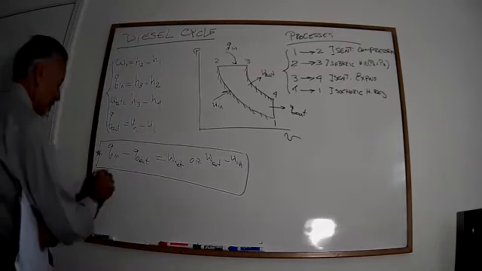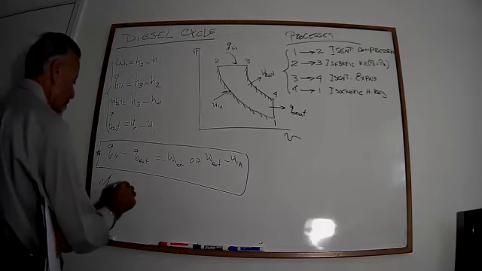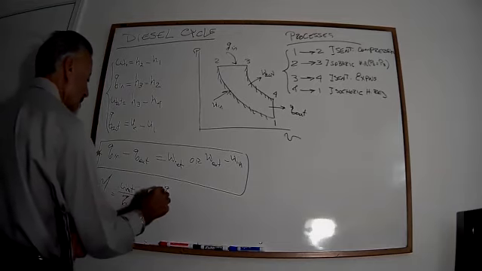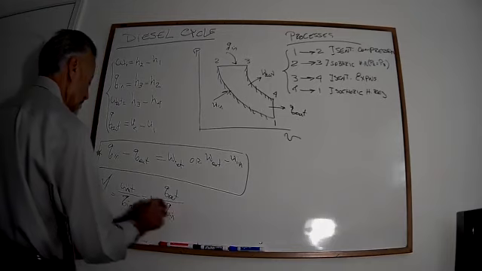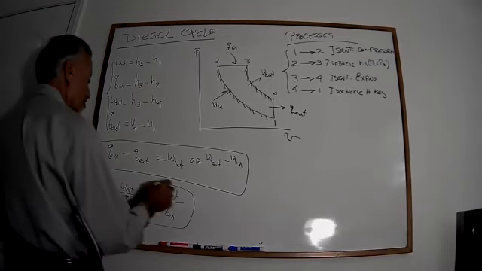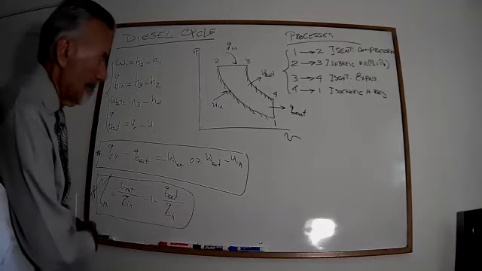Thermal efficiency never changes. Net work divided by Q in, or 1 minus Q out over Q in. That will never change. All cycles, chapter 9 and 10.